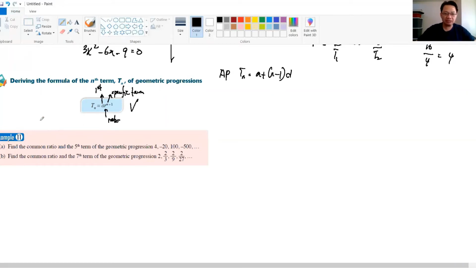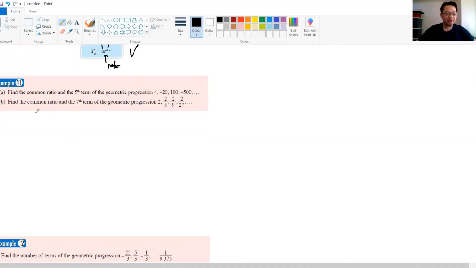Okay, so for instance, example 11: find the common ratio and the fifth term of this progression. For question A, we have the first, second, third, and fourth terms. So we just take the second term divided by the first term. Your r will be negative 20 divided by 4.